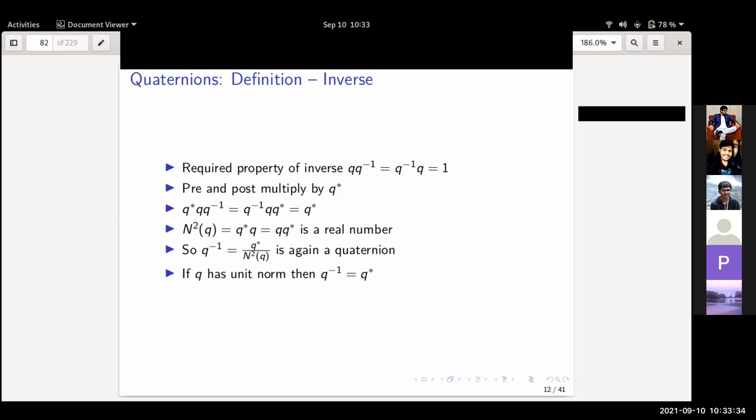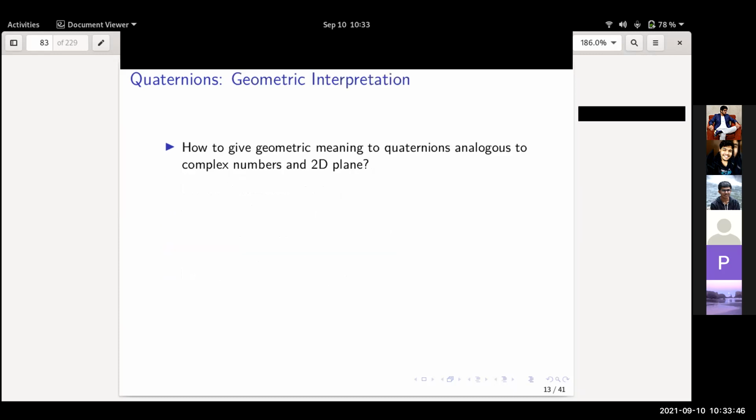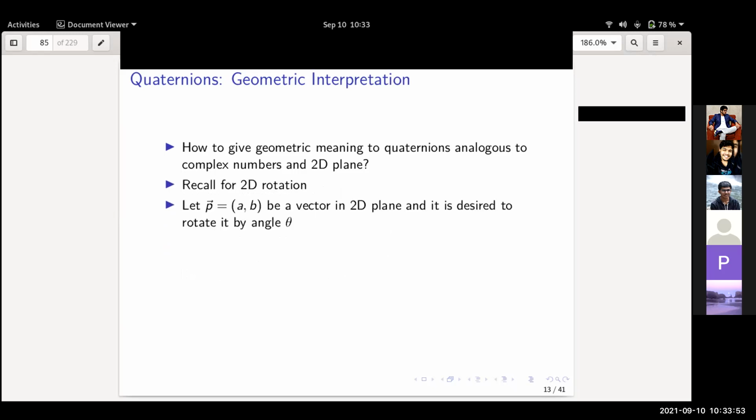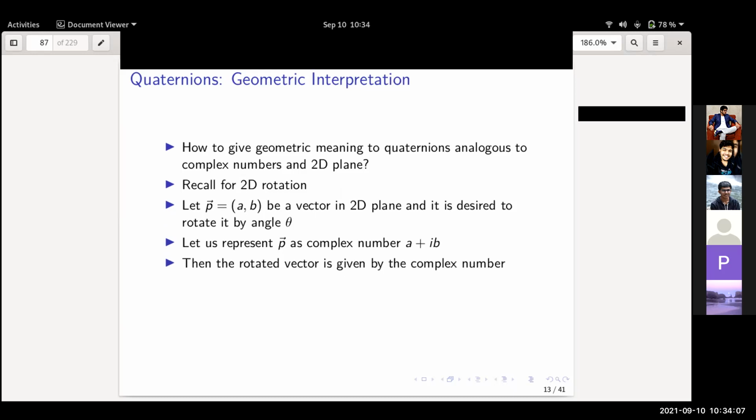Our promise was we wanted to do some kind of rotation in the three-dimensional case. So we have to now see how this interpretation can be brought, how to give geometric meaning to quaternions analogous to complex numbers in the 2D plane. For the 2D rotation, if you had a vector P, that is (a, b) in the 2D plane, and you wish to rotate it by an angle theta, you simply represent this vector P as a plus ib.